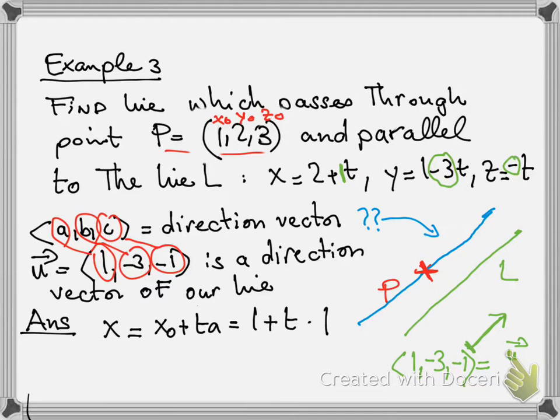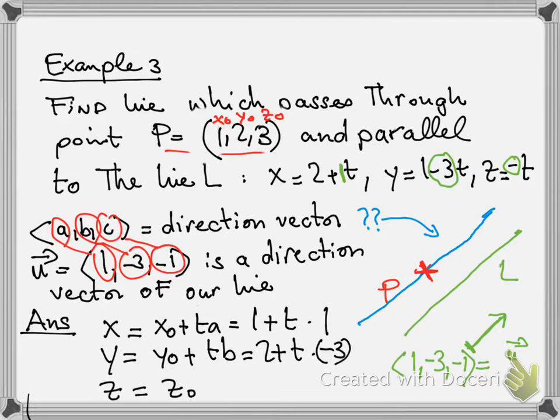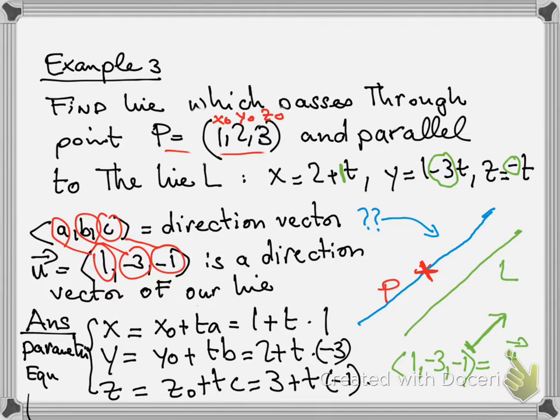Then y would be y0 plus tb, so y is 2 plus t times -3. And then z is equal to z0 plus t times c, so z is 3 plus t times -1. So that will be the parametric equation of our line, the blue line.